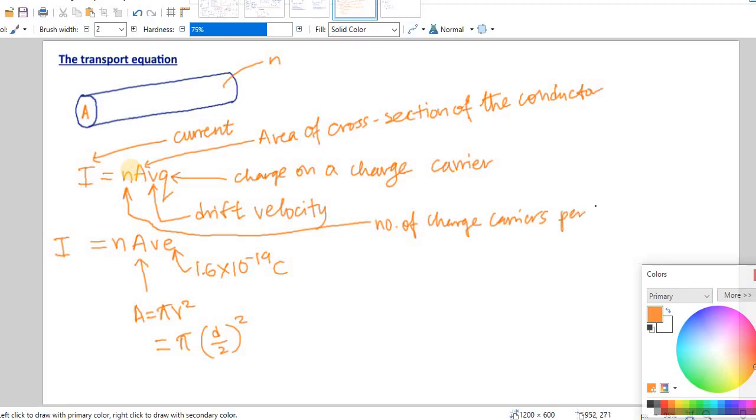Now in this case, if it's a wire, then this will be the number of conduction electrons per cubic meter. Because this is what we apply for a wire, maybe I can write it on the side. Number of conduction or free electrons per cubic meter, per meter cube, we can say.